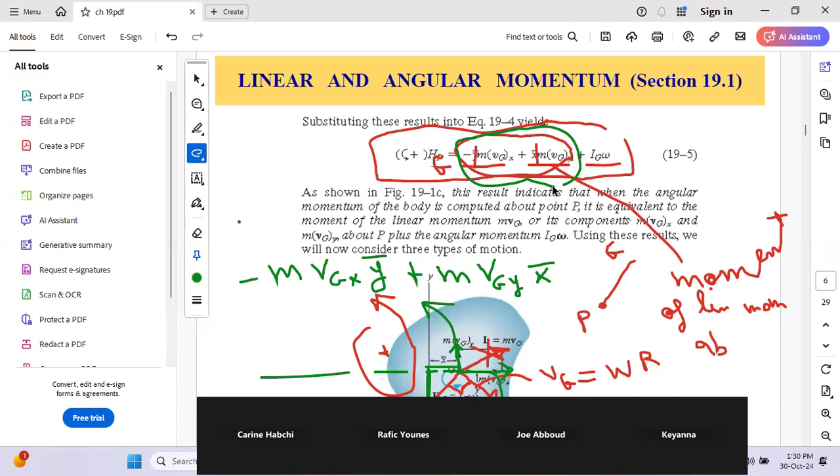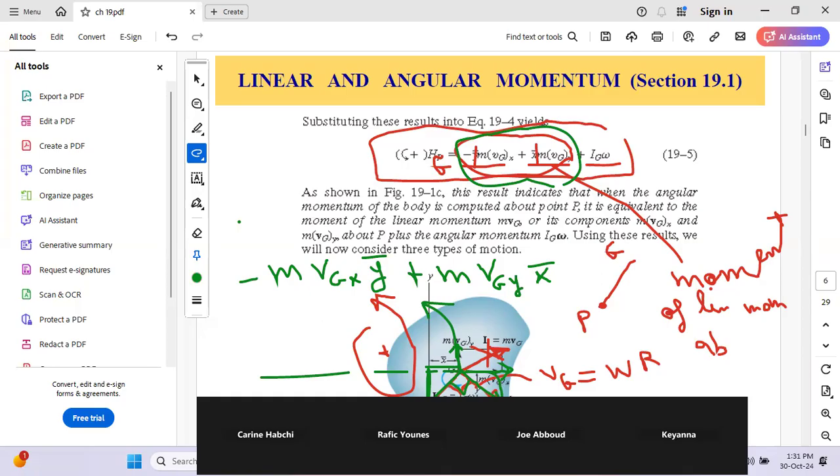Okay, so in case P is fixed, what will happen? In case P is fixed, your vector m V will be perpendicular to the vector from P to G, because you will have rotation about a fixed axis. In this case, how can I write the moment?